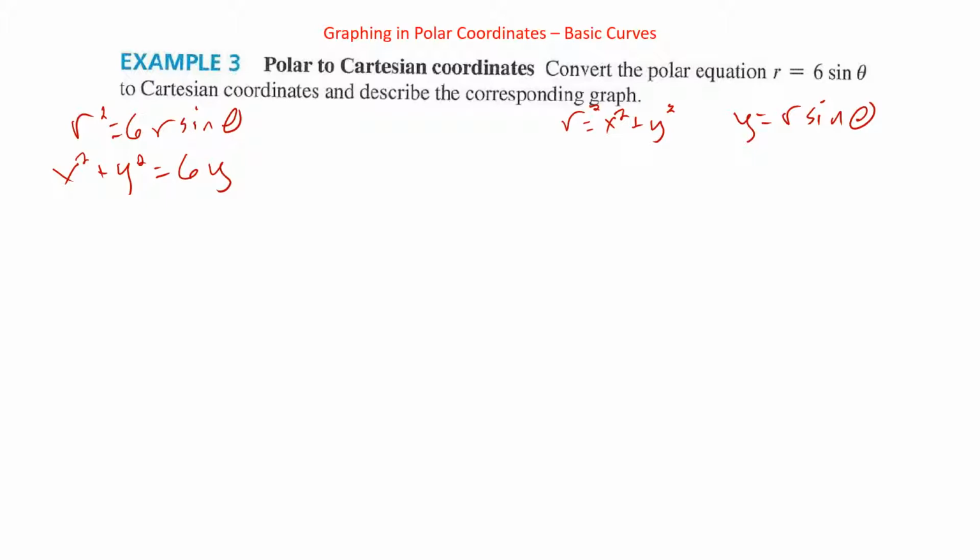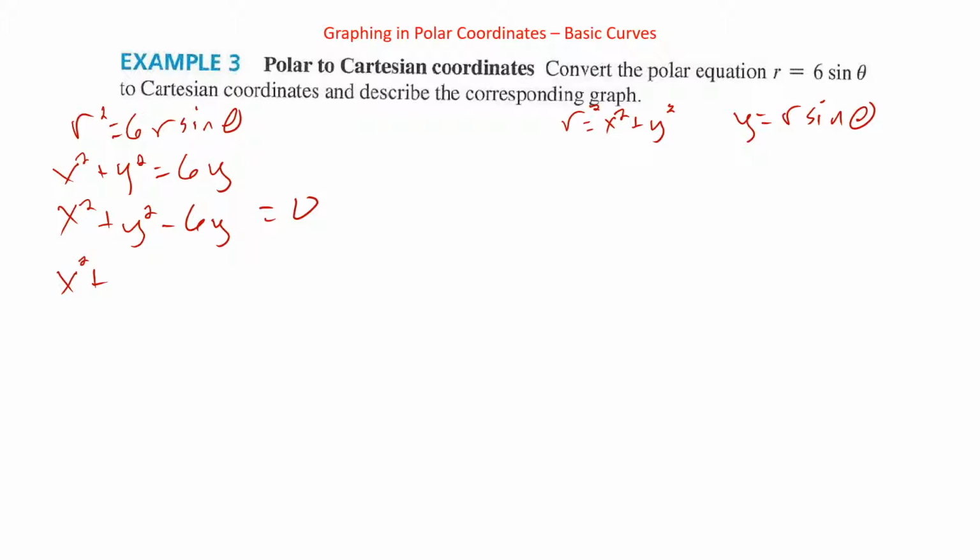This looks a lot like some sort of conic section because we have x squared and y squared. We get those into standard form by completing the square. So let's move that 6y over. We get x squared plus y squared minus 6y equals 0.